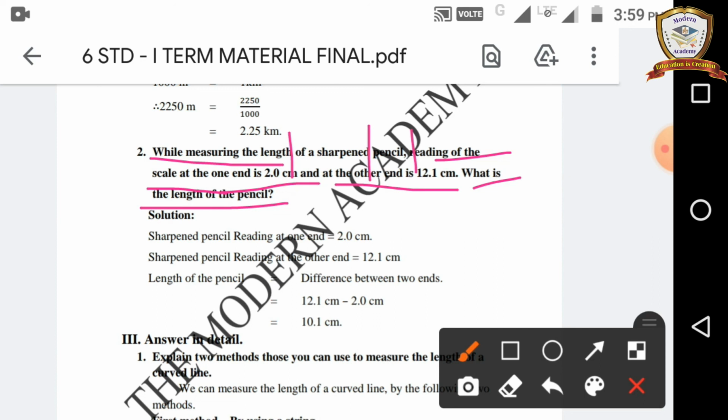So solution, sharpened pencil reading at one end is 2.0 centimeter. Reading at the other end is 12.1 centimeter. So the length of the pencil equals the difference between the two ends. So your answer is 12.1 centimeter minus 2.0 centimeter. So final answer is 10.1 centimeter.